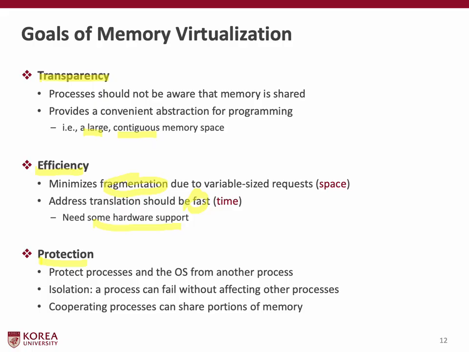To this end, each process should be isolated. That is, even if one process crashes, others keep running fine. But sometimes processes may want to cooperate and share part of their memory intentionally, and the operating system should allow that in a safe manner. We'll talk about this issue again later.